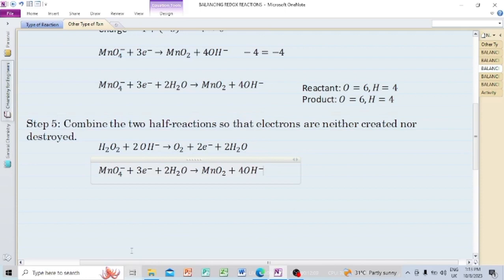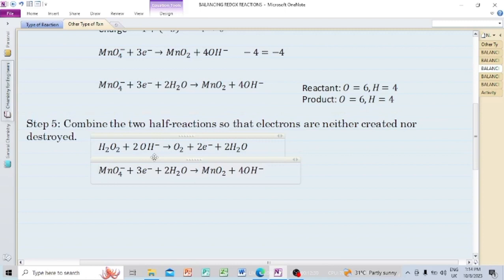For the balancing acidic solution, inequalize natin yung electron transfer. Ibig sabihin, the number of electrons on the oxidation reaction must be equal to the number of electrons on the reduction reaction. Dito we have 2 electrons, dito we have 3 electrons.